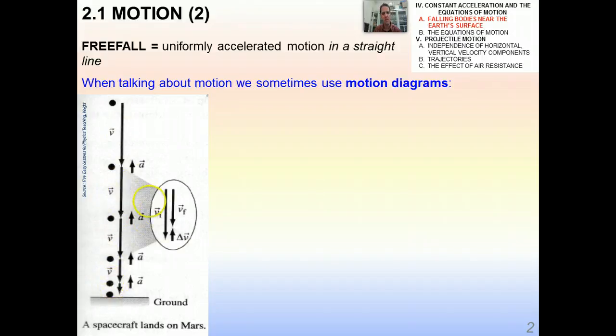For each particular segment, if you do your change in velocity equals your final velocity minus your initial velocity, that's the same as your final velocity plus the negative of the initial velocity. You always get that your change in velocity vector is pointed upwards, and in fact, the acceleration of the spacecraft is upwards at every single point in time. That's what slows it down so that it has a nice landing on the surface of Mars instead of crash landing at a high speed.